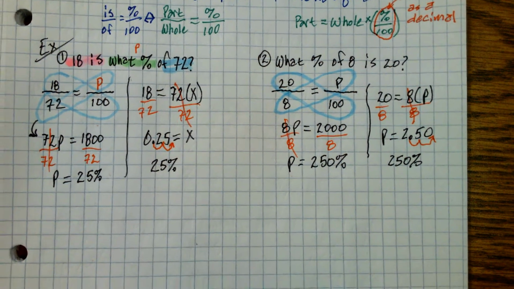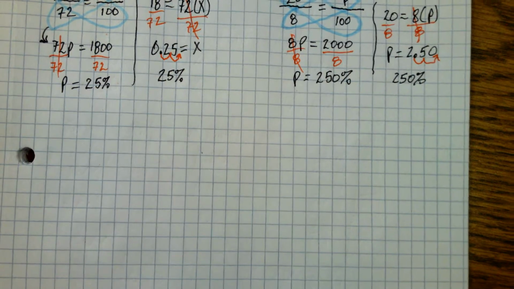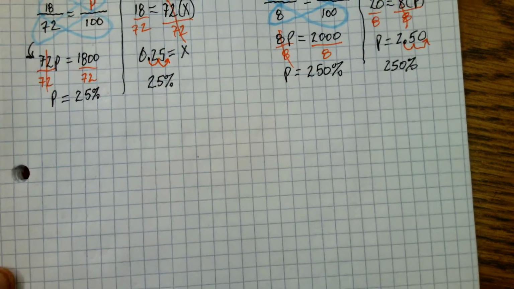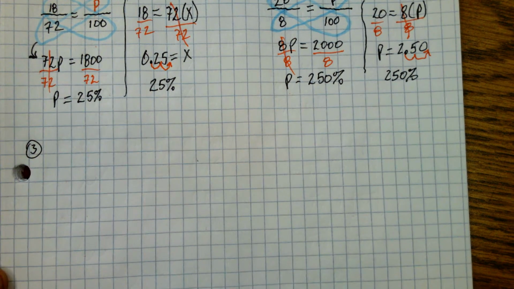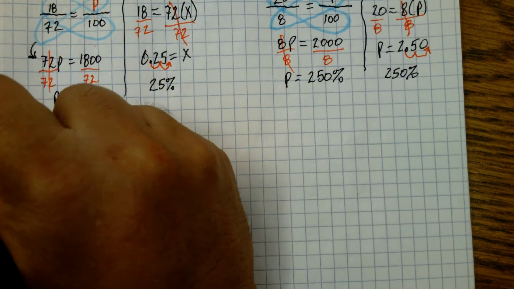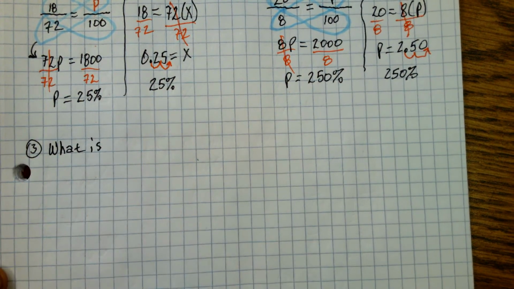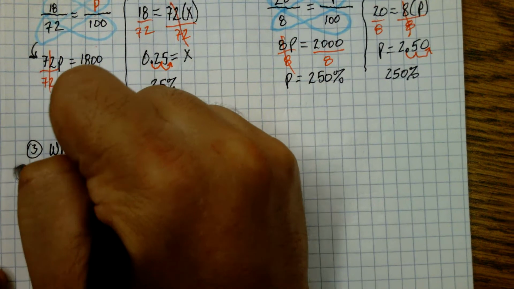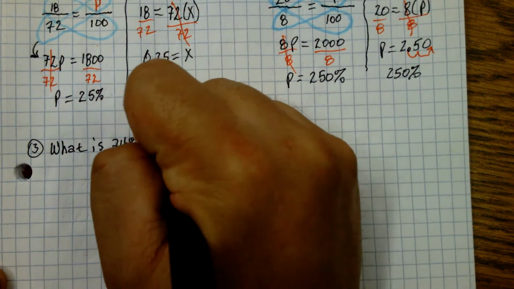Ready for a couple more? Okay. Number tres. This one is, what is 74% of 56?